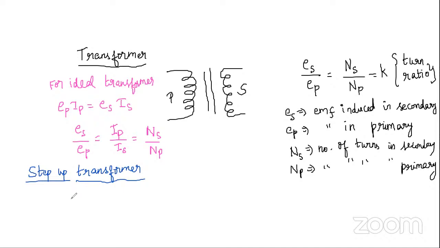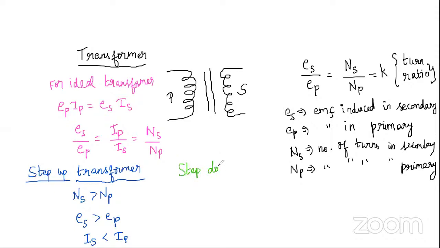Here the number of turns in the secondary coil is greater than the number of turns in the primary coil, so NS is greater than NP. Due to that, EMF in secondary is greater than EMF in primary. But as far as current is concerned, IS is lesser than IP. And of course we have a step down transformer as well.